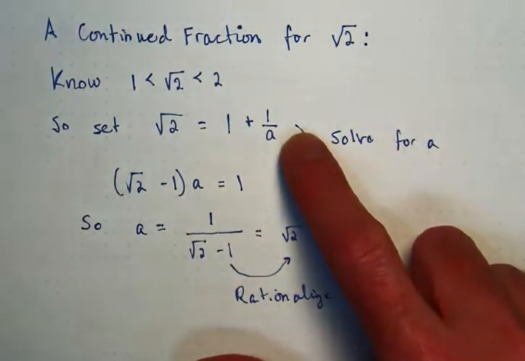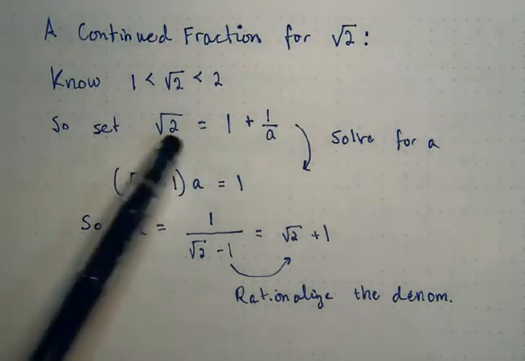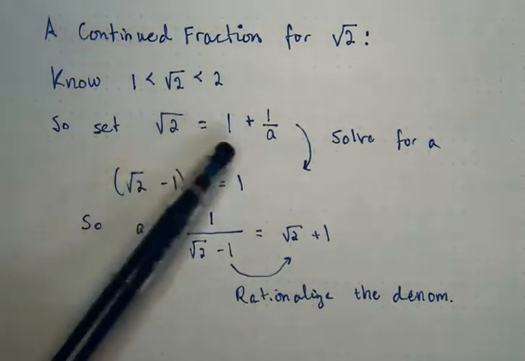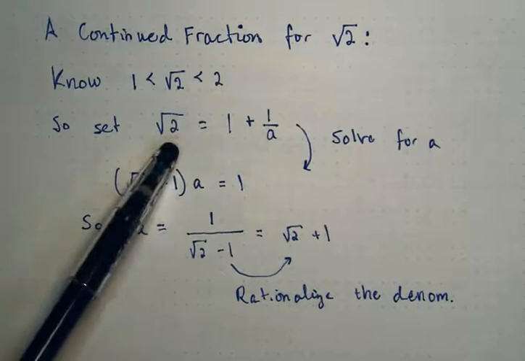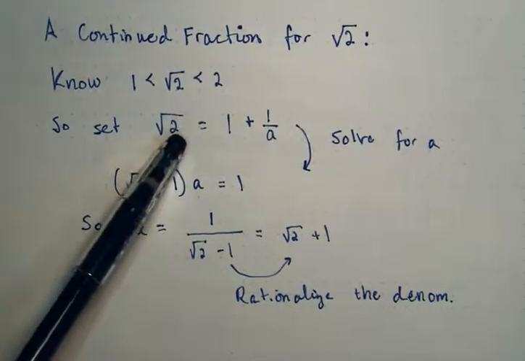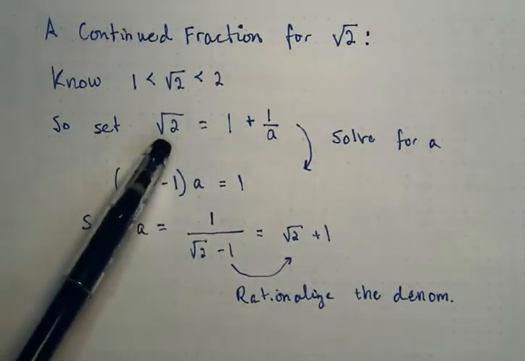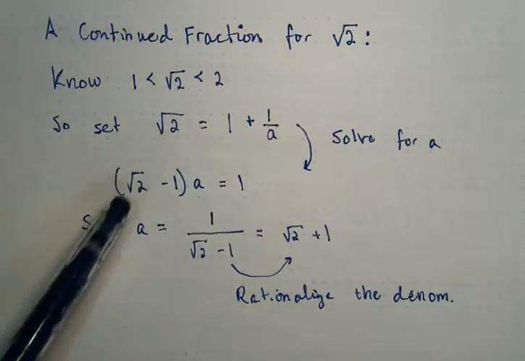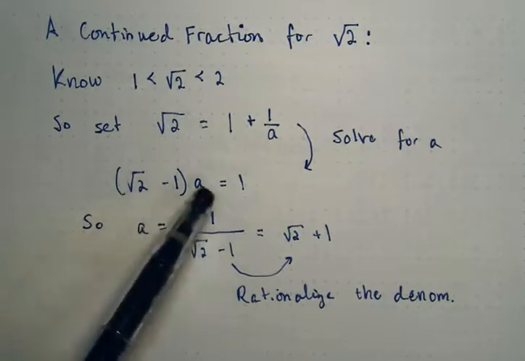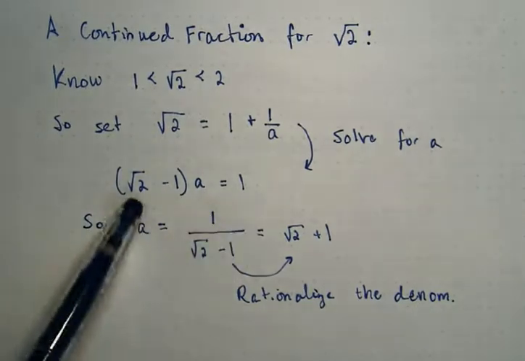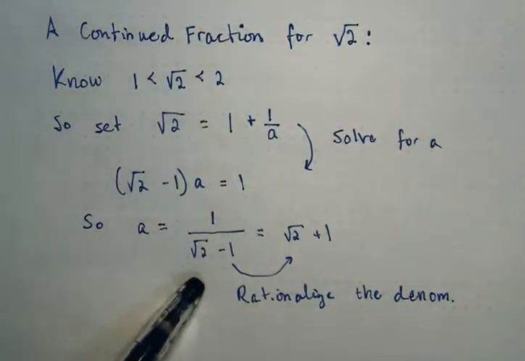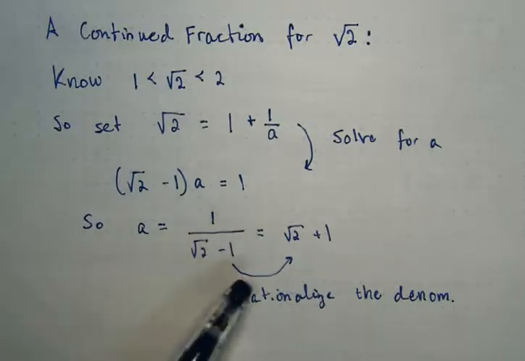Of course, the technique I would use is I would clear out denominators. I would multiply everything by a. So this would be radical 2 a equals a plus 1. I would move all the terms that have an a over to the left-hand side. I can factor out my a and then divide to get that a equals 1 over radical 2 minus 1.